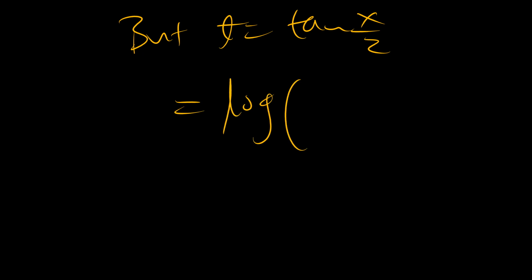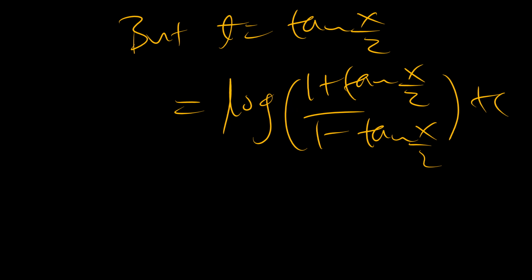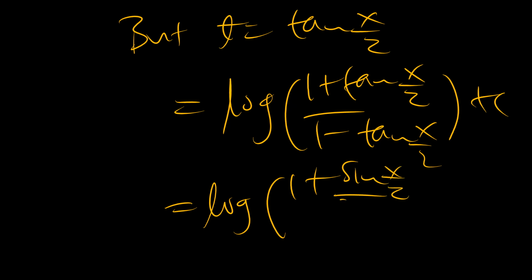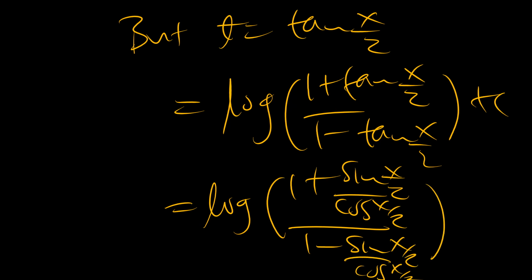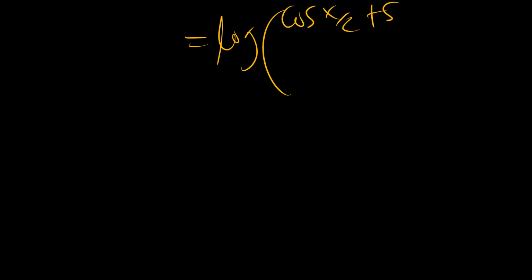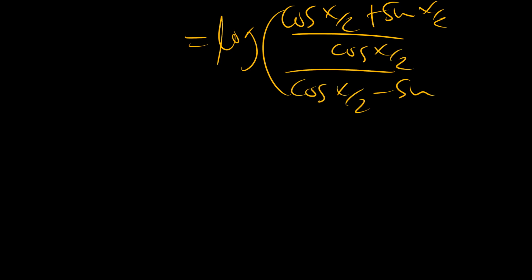But t is equal to tangent x over 2. So the integral now becomes log of 1 plus tan x over 2 over 1 minus tan x over 2 plus c, which equals the natural logarithm of 1 plus sine x over 2 over cosine x over 2, over 1 minus sine x over 2 over cosine x over 2, plus c, which is the same as the natural logarithm of cosine x over 2 plus sine x over 2 over cosine x over 2, over cosine x over 2 minus sine x over 2 over cosine x over 2, and this would cancel, plus c.